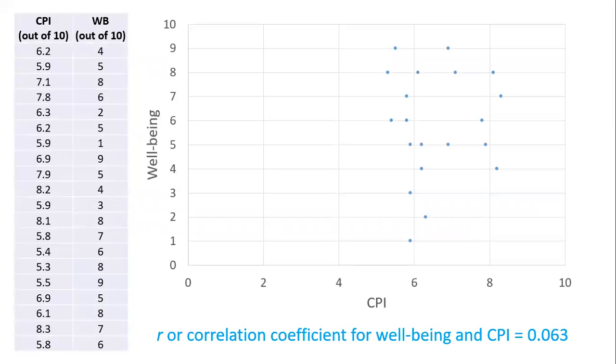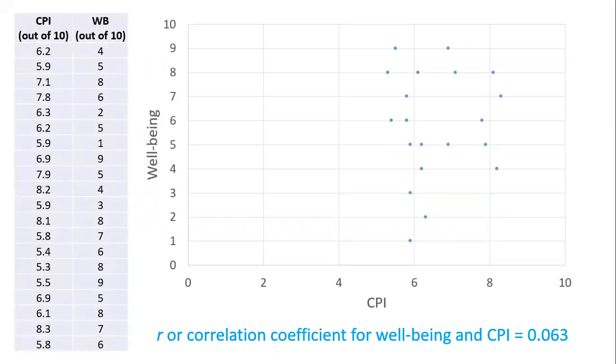It's almost, let us say, 0. So an increase in CPI generally doesn't mean that it would be associated with an increase in well-being, or a decrease in CPI doesn't necessarily mean that it will decrease.